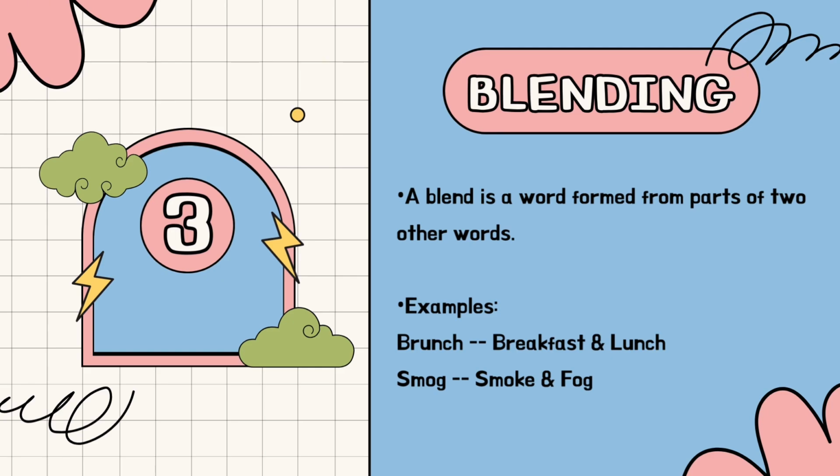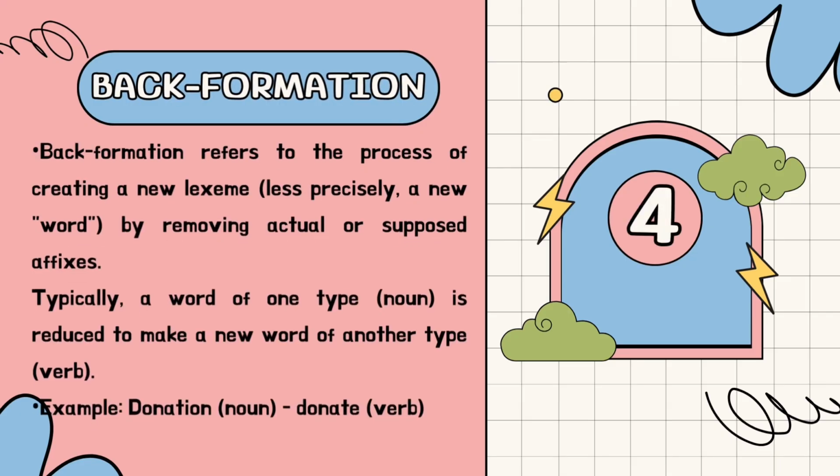Now, let's move to the fourth. Back formation. Back formation refers to the process of creating a new lexeme or word, less precisely a new word, by removing actual or supposed affixes. Usually, a word of one type, for example, noun, is reduced to make a new word of another type or verb.